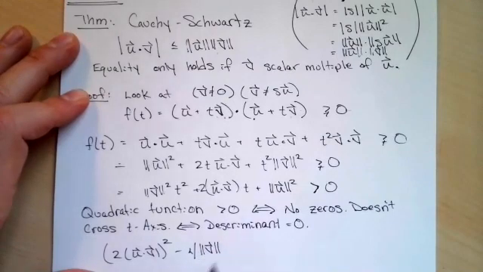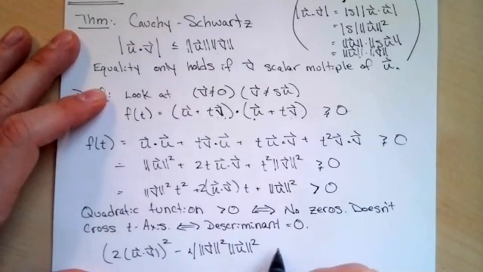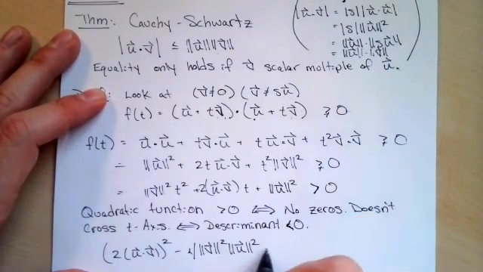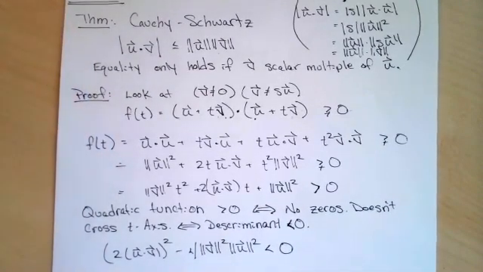So that coefficient is norm v squared, and c is norm u squared. And so that discriminant is strictly less than 0. Meaning that if we were to try to solve this quadratic equation, we would have imaginary roots.